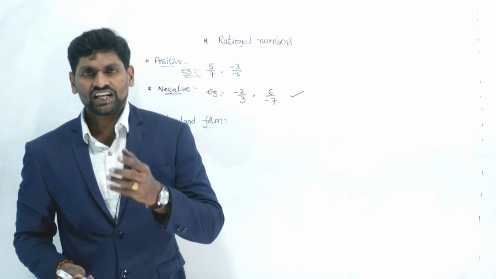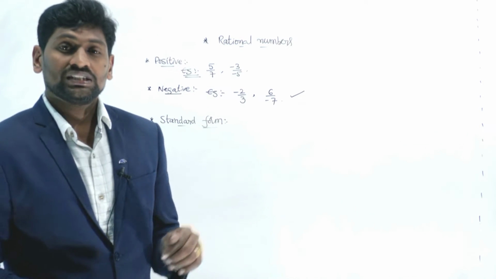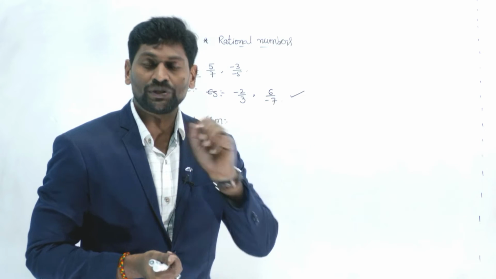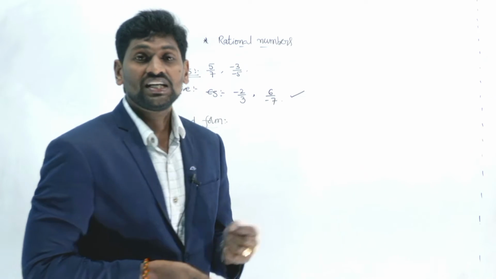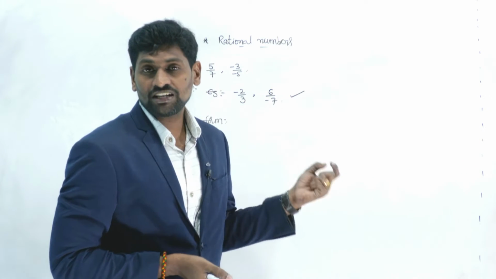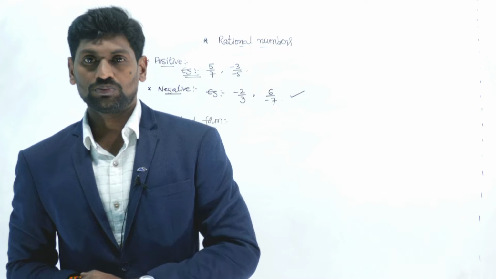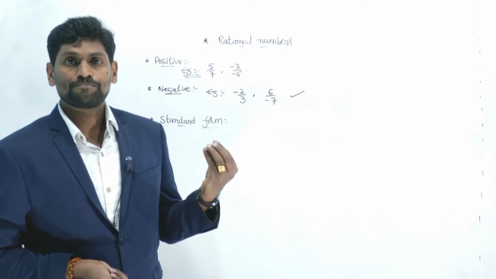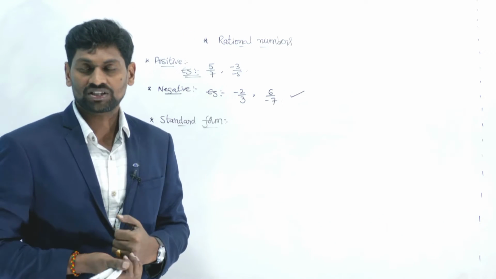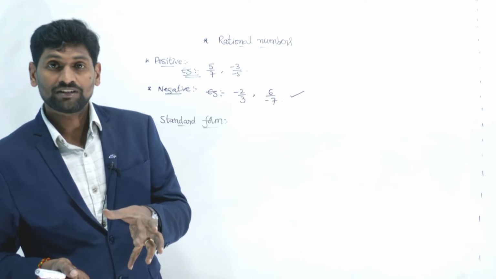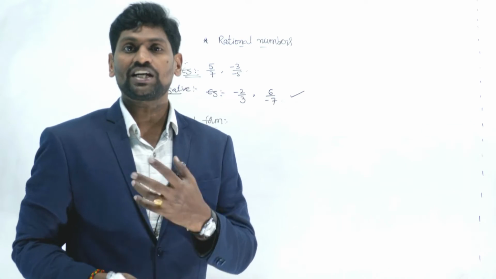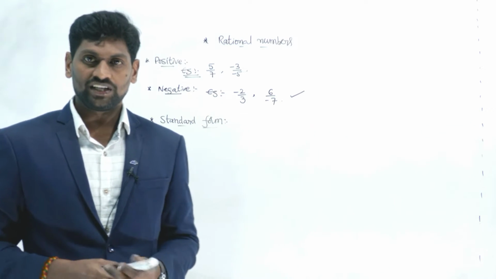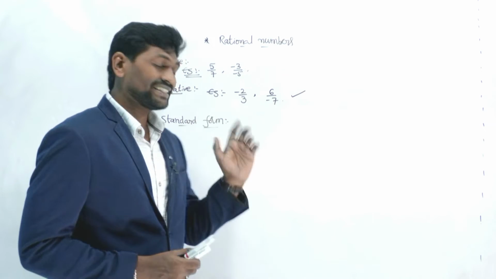That means if you take any rational number, it must be in simplest form, as well as the denominator of a rational number must always be positive. Such type of rational numbers, we can say that they are in standard form.